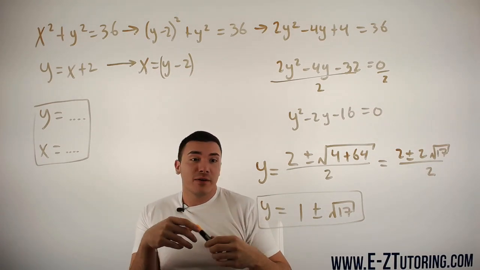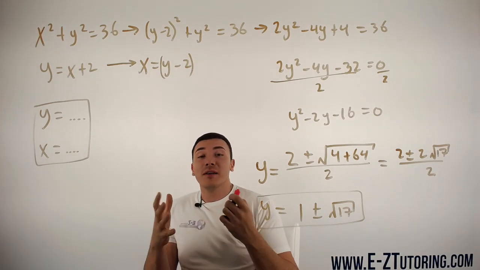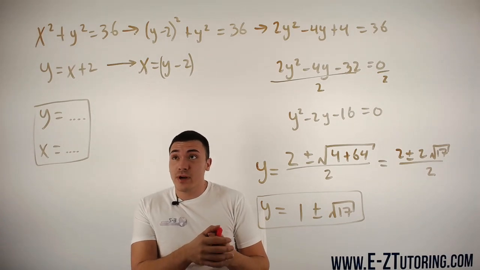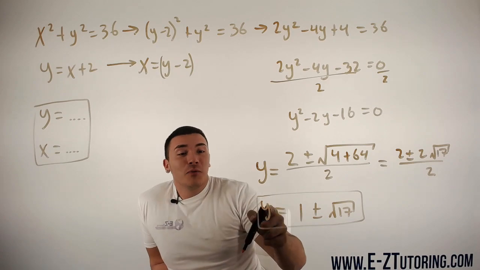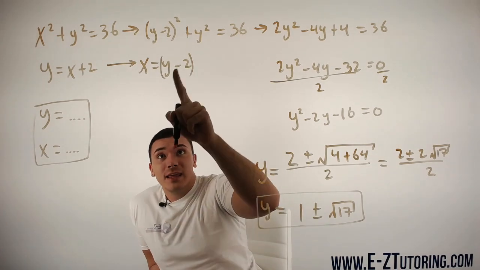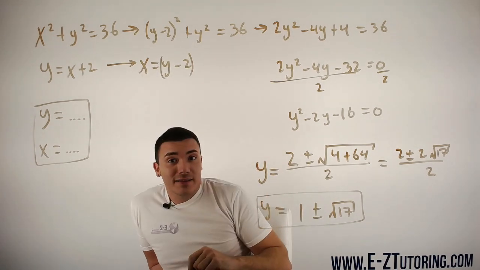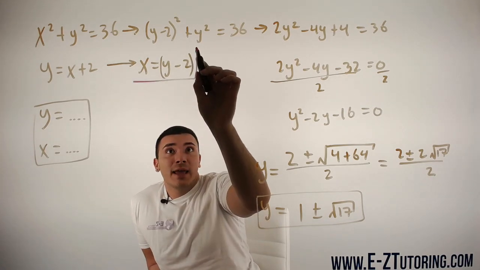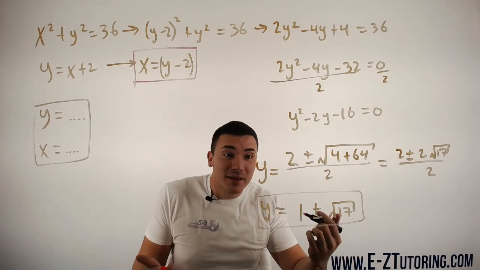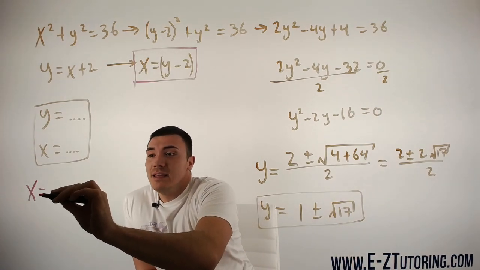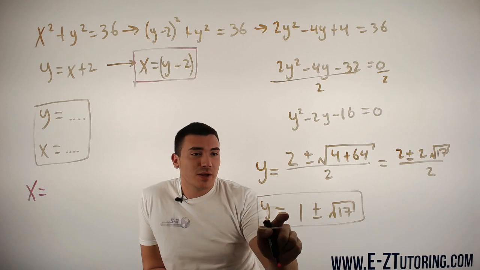Now that we found our 2 values for y, you want to find your corresponding values for x. How do we find that? You simply take your y value and plug it in where you've solved for x. Over here we solved for x and got x equals y minus 2, so that is a very good place to plug in our y value.